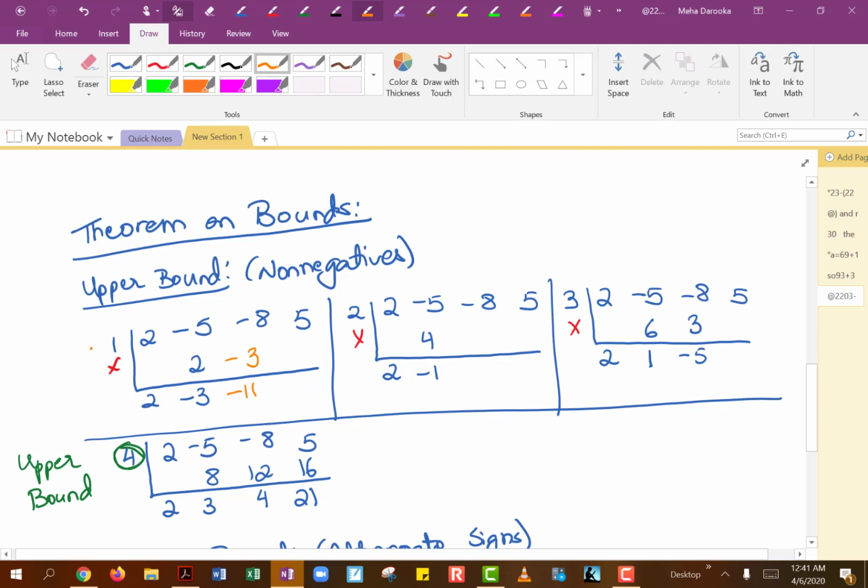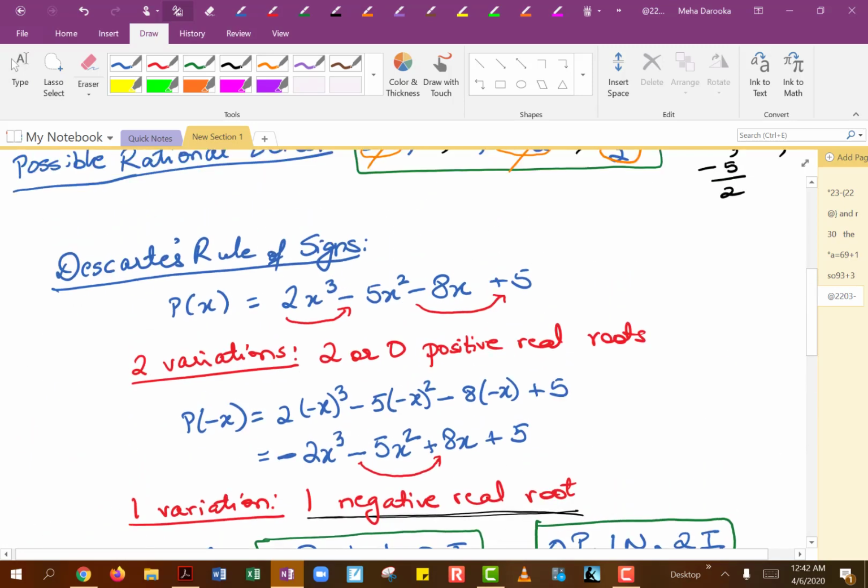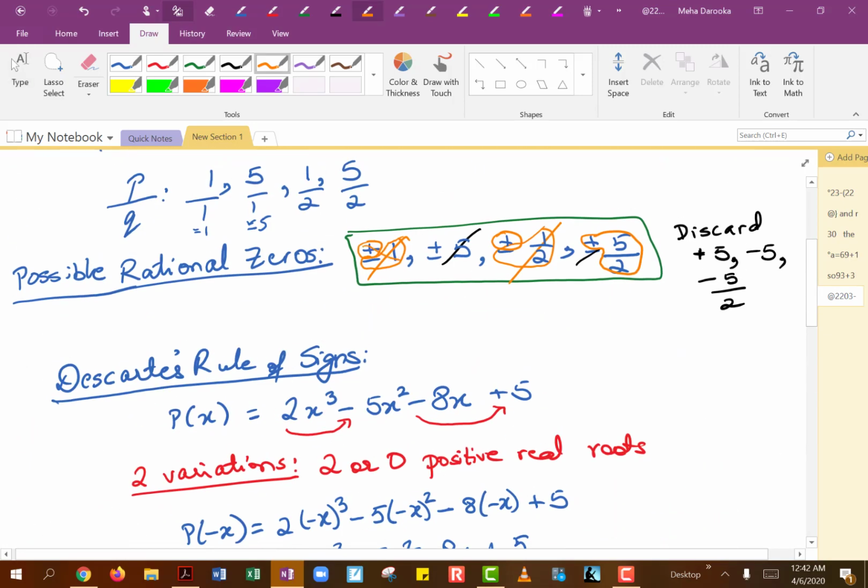Then we do negative 11 multiplied by positive 1, which is negative 11. And you can see this is not a 0 remainder either, because you got negative 6. So this is not a root either. So both positive and negative 1 did not work out in this case.